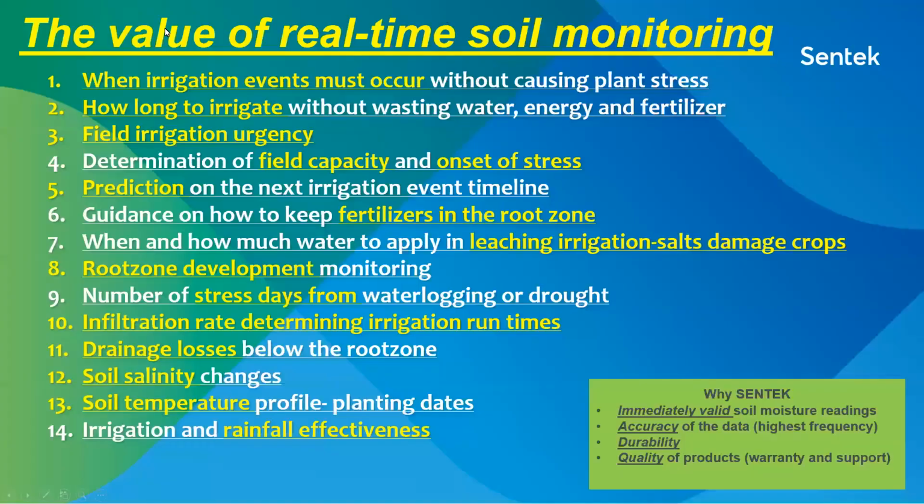And then what is the value of real-time soil monitoring, right? Different growers, different farmers, different operations will always have different end goals, but I try to summarize everything that could be of value in regards to data to a farmer, right? So if the ground is irrigated, when does the irrigation need to happen based on soil moisture profile, right, without causing plant stress?